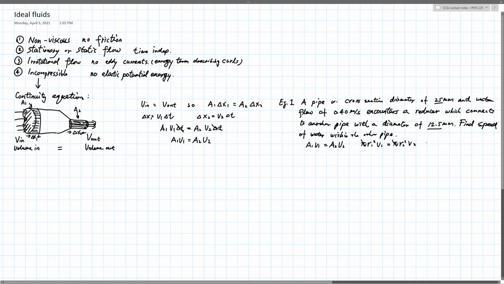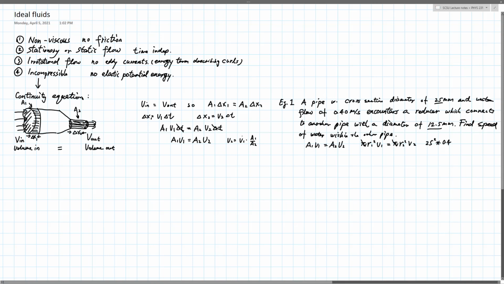25 squared times 0.4. The reason I'm not converting units is because the units will cancel out for the velocity here. I can rewrite this as velocity times A1 over A2. See that the areas, if they have the same units, they'll divide out their units.